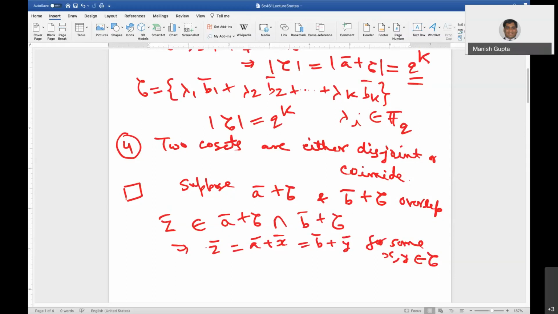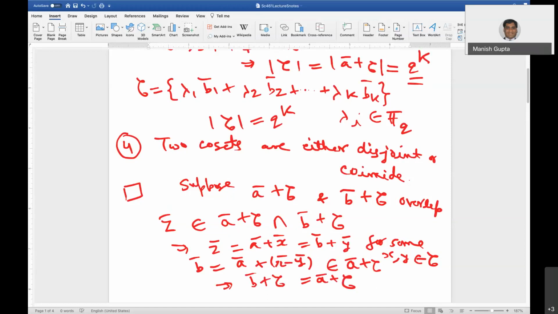And this means B can be written as A plus X minus Y. So X belongs to C, Y belongs to C, so X minus Y belongs to C, so the whole thing belongs to A plus C. So that means B belongs to A plus C. If B belongs to A plus C, this implies that B plus C is the same coset as A plus C from our previous result.